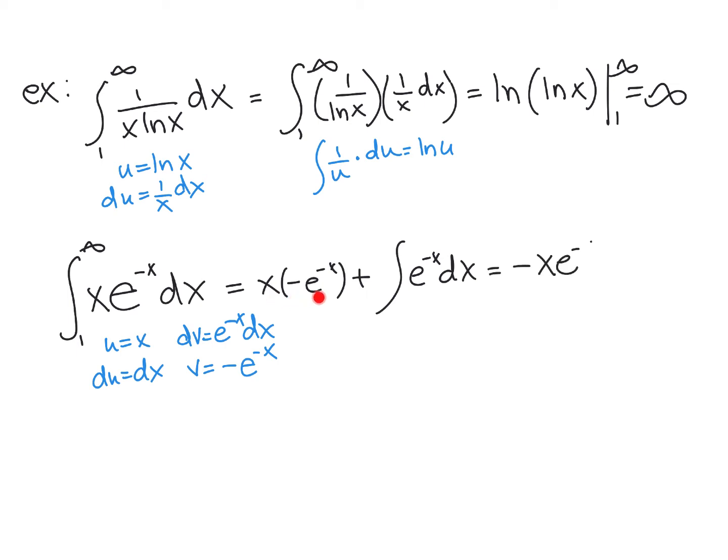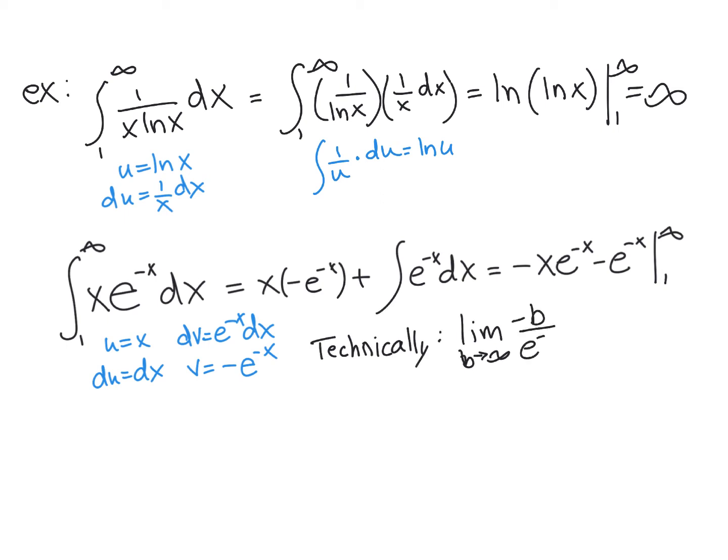So we get minus x e to the minus x, and this will be another minus sign, e to the minus x, evaluated from 1 to infinity. Now, this piece, when we plug in the infinity, we're going to have to use L'Hopital's rule like we did on the last page. Now, technically, you'll see in your book that when you take a limit as something goes to infinity, replace all the variables with the dummy variable, and then you take that limit, and in this case, we're going to see we get minus infinity over infinity.